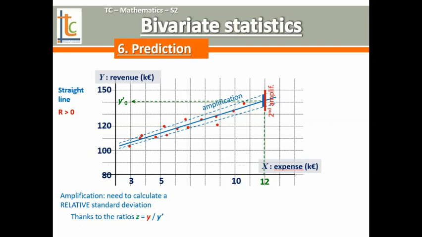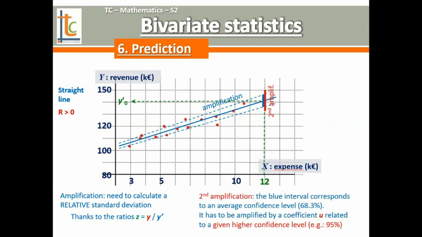With a second amplification, maybe 1.5 or 2 or 2.5, you will make your confidence level increase. So this interval has to be amplified by a coefficient that we will name u, related to a given higher confidence level.